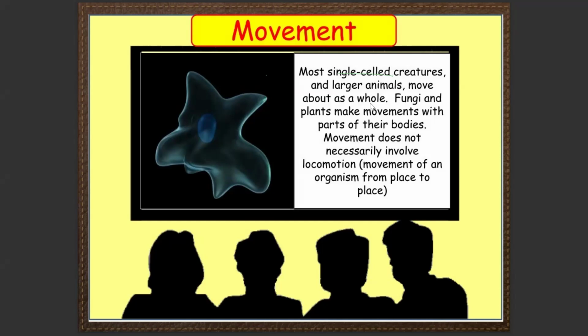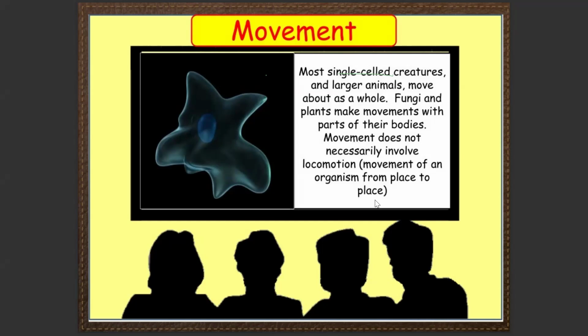Just like the plants. Movement does not necessarily involve locomotion. This is important. They have mentioned movement does not necessarily involve locomotion, which is movement of an organism from place to place.